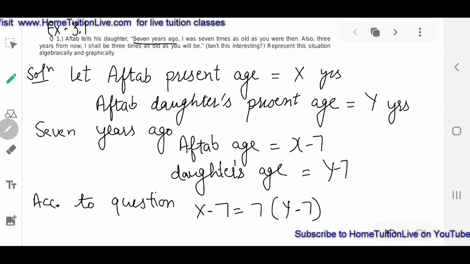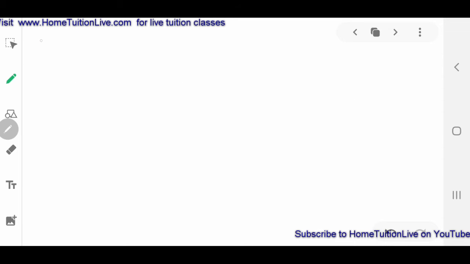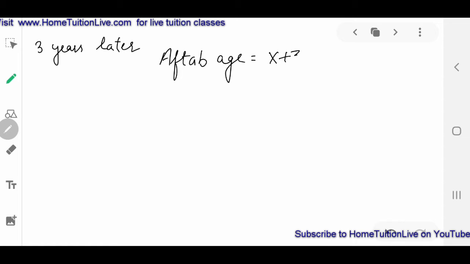Okay. Now also 3 years from now, 3 years later, Aftab's age is x plus 3, daughter's age is y plus 3.